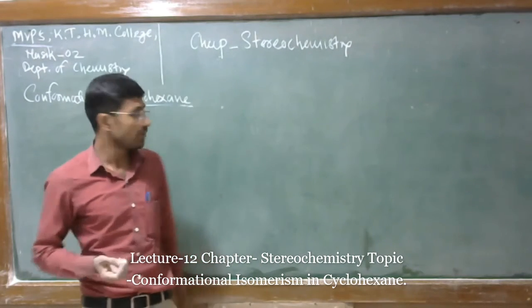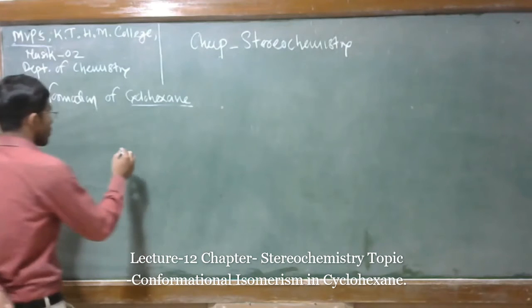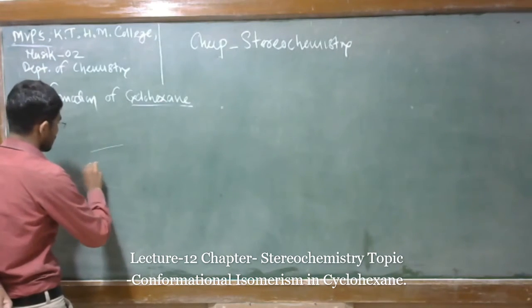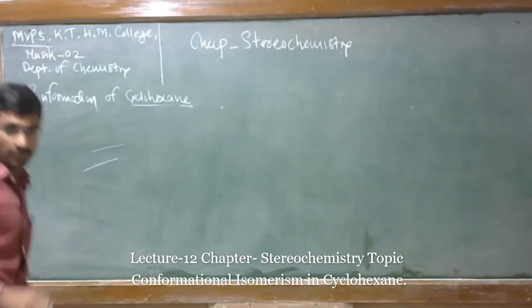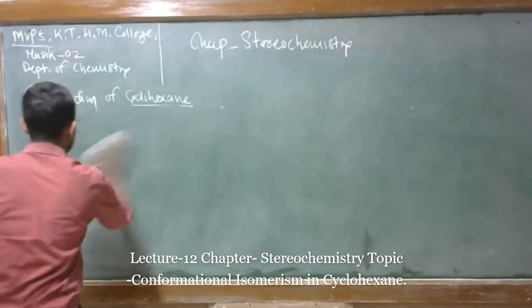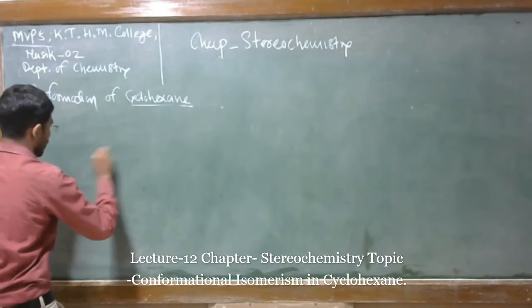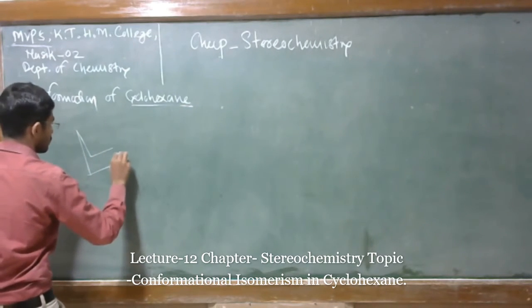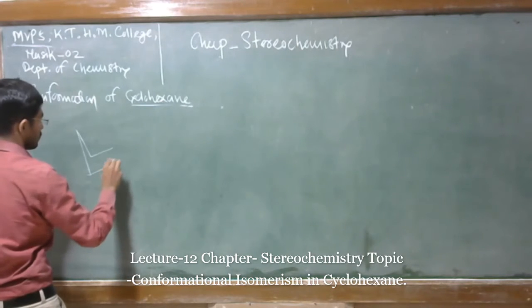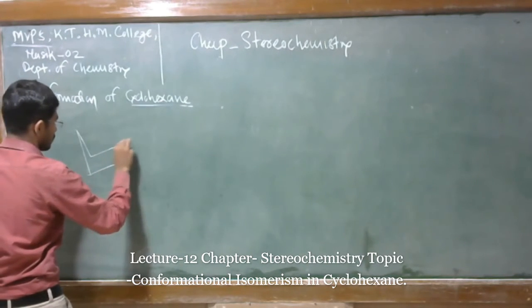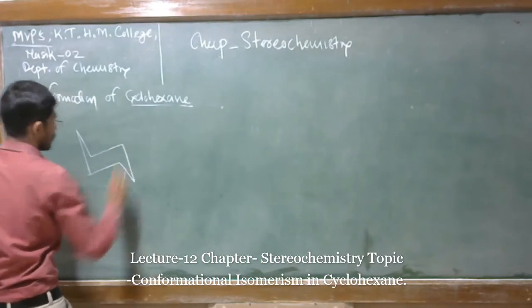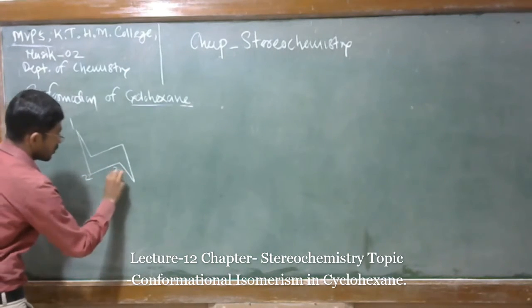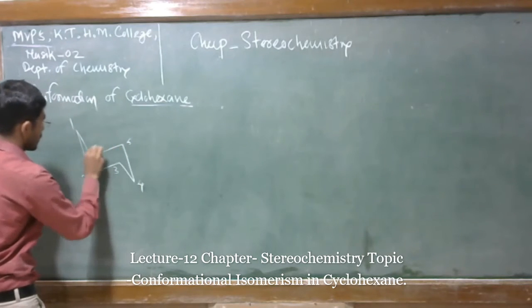So how are they interconvertible? Firstly, consider the first chair form, drawn like this, with numbering 1, 2, 3, 4, 5 and 6.